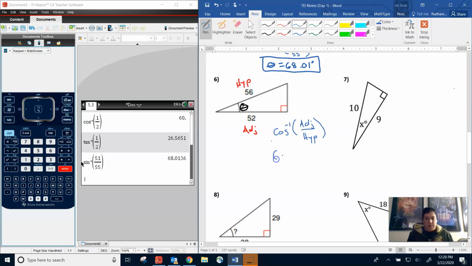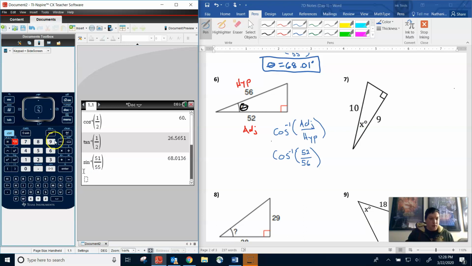All right, so now let's plug this in. Now, if you think you're quick and you can just skip that step and do it right away, that's fine. I'm just writing everything out for everyone who needs it. What's our adjacent? Our adjacent was 52. Our hypotenuse was 56. And we're going to plug that in here. So let's do trig. Whoops, come on. There we go.